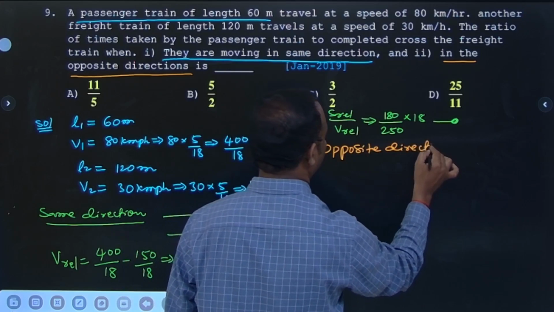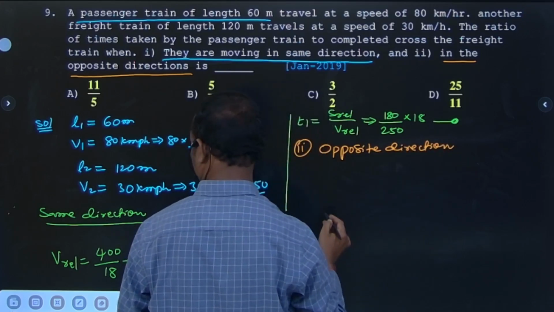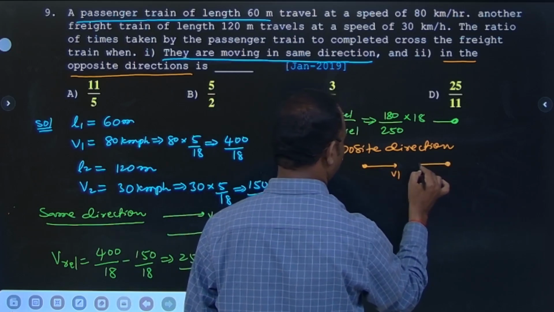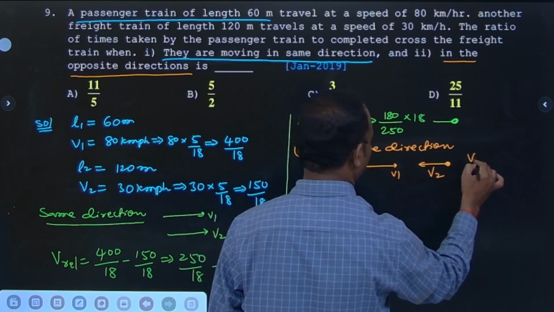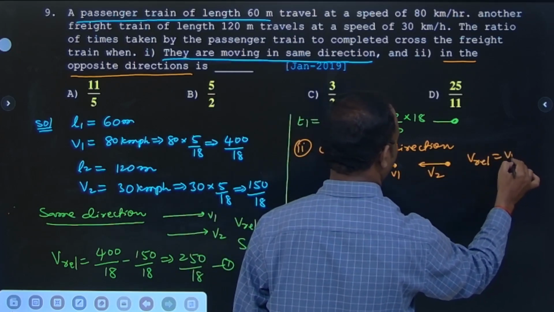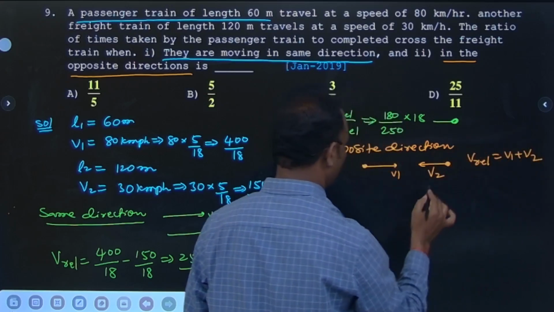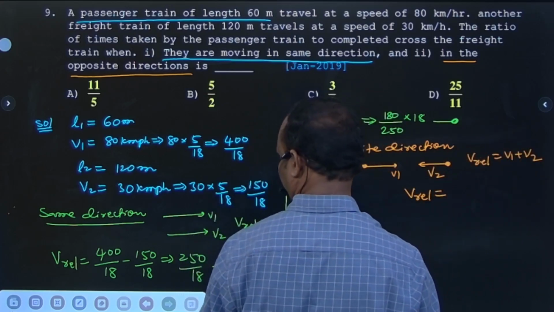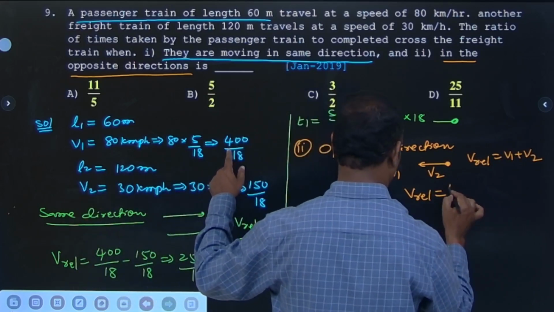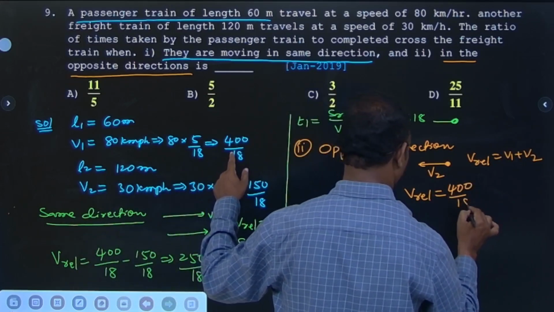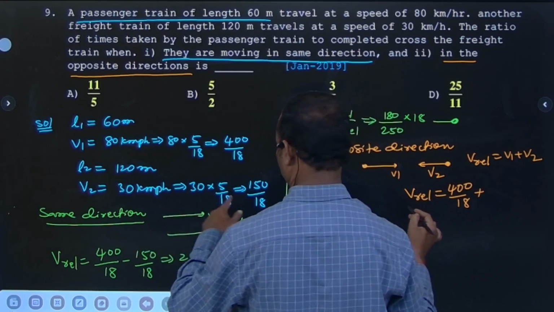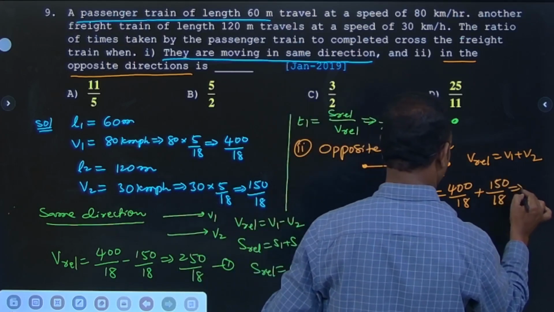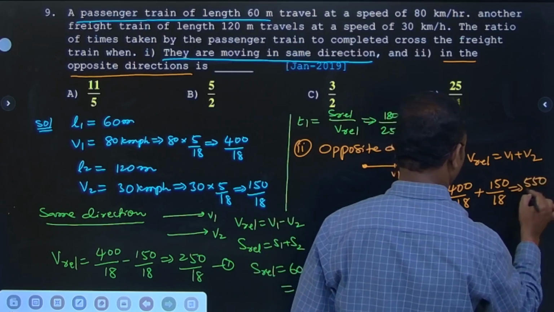When they are moving in opposite directions, the first one is V1 and the next one is V2, and V relative is V1 plus V2. V1 is 400 by 18 plus V2, which is 150 by 18, so it's 550 by 18.